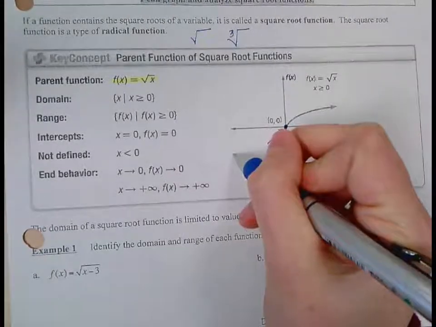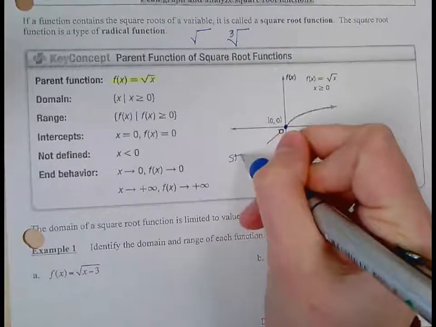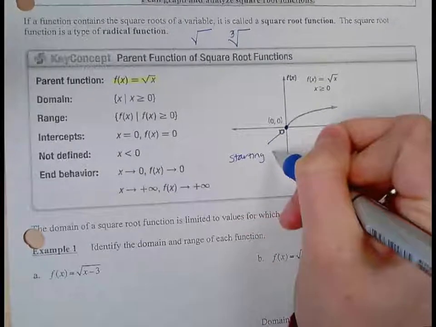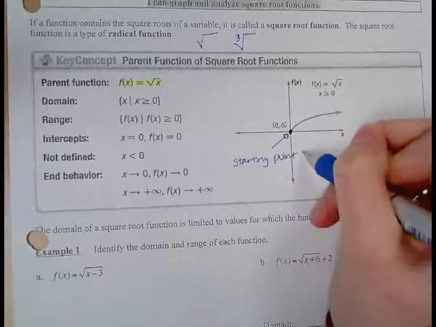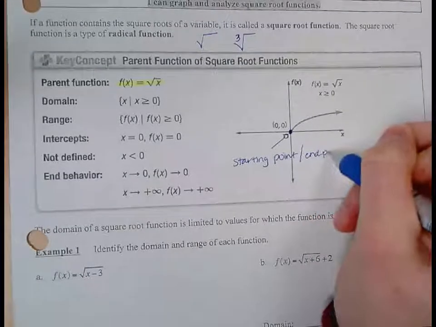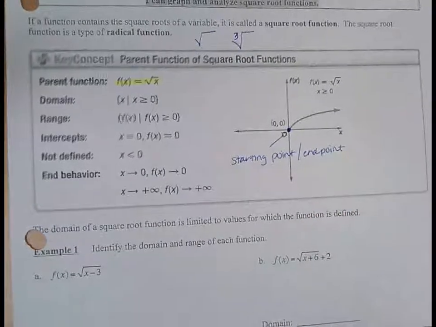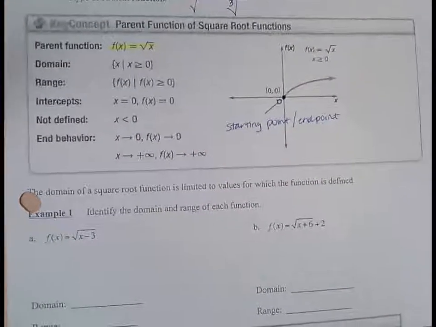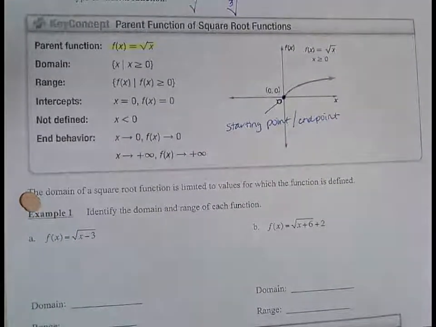So I'm just going to put here starting point slash end point. It's also thought of as the maximum or the minimum of a square root function.